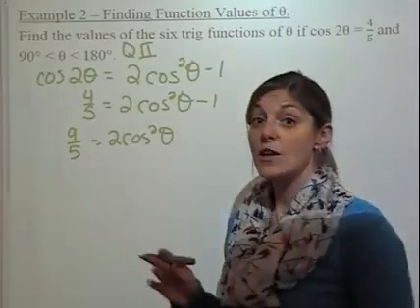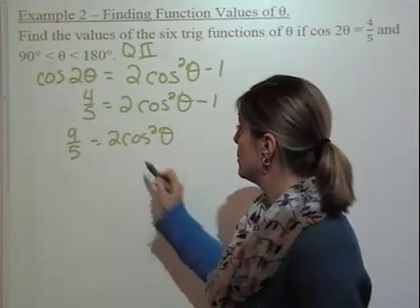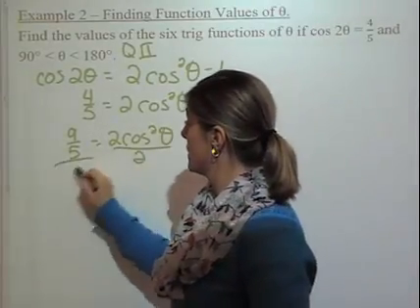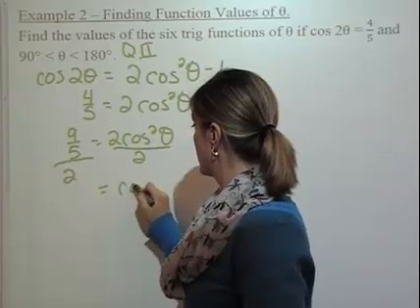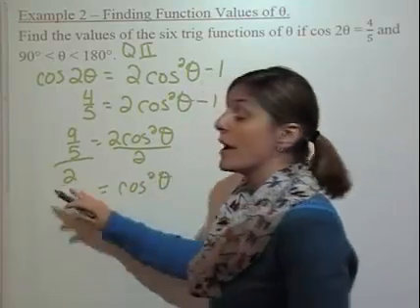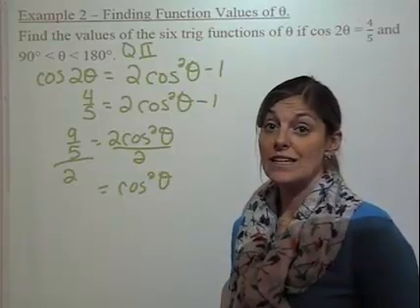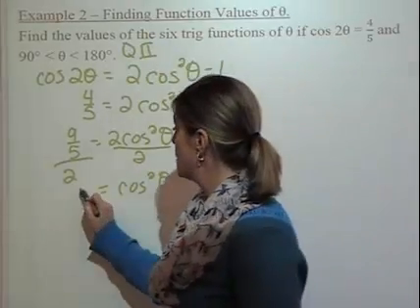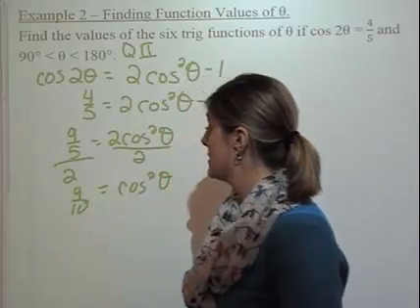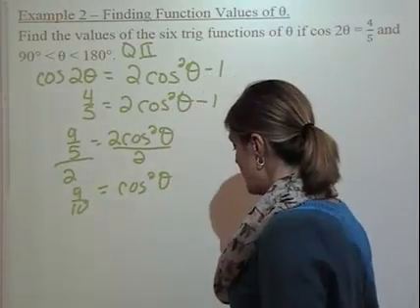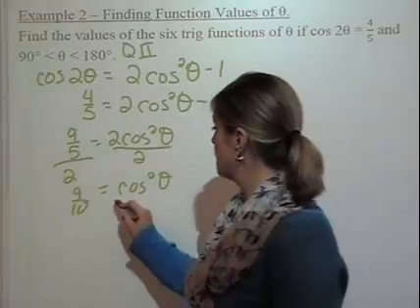Then we're going to divide both sides by 2. When you divide this fraction by 2, it's like multiplying by the reciprocal. So it's really 9/5 times 1/2, which gives you 9/10. And then the last step there is to take the square root.